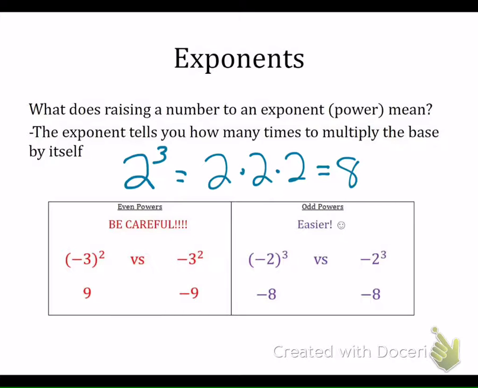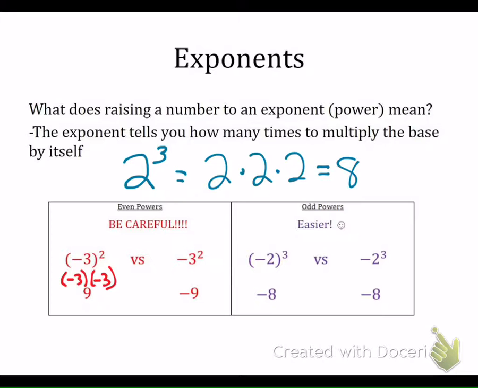When it gets tricky is when we introduce the negatives, like we talked about last week. So that's why when we learned multiplying with signed numbers, we talked about if you have an even number of negatives or an odd number of negatives. Here's why that's important. If you have an even number of negatives, and that negative is in parentheses to that exponent, your answer is going to be positive, okay? So right here, if I was going to write this guy out, this is actually like a -3 times a -3.